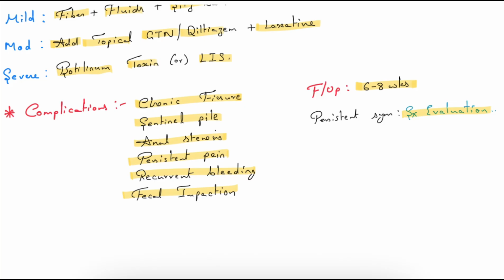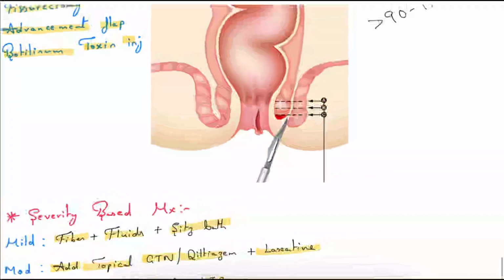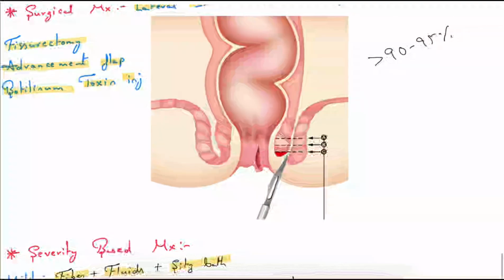So from the exam point of view, most commonly they can ask questions like: posterior midline is the most common site for anal fissures, and pain during defecation is the main hallmark. Next, we can see bright red blood and sentinel pile in chronic fissures, and if the patient has internal sphincter spasm, this causes poor healing.